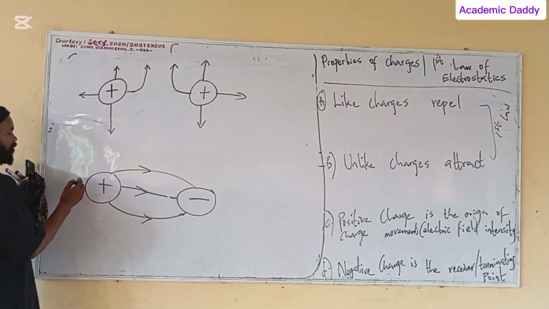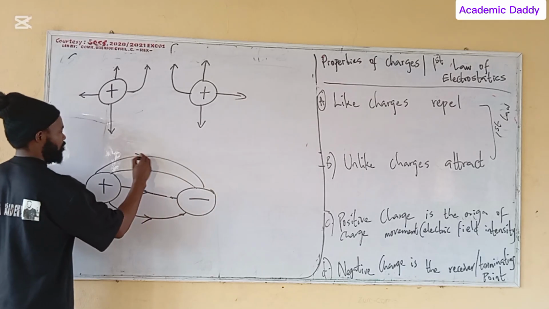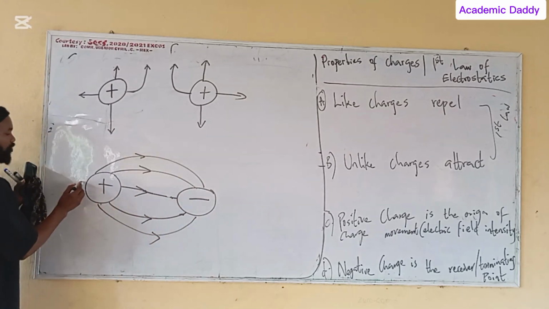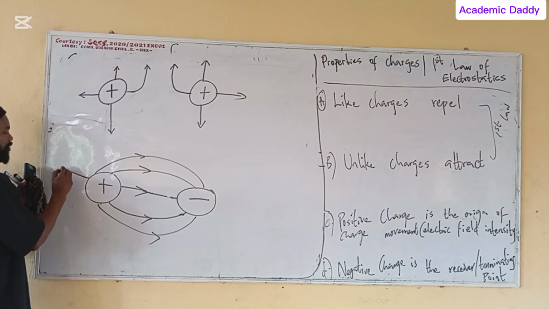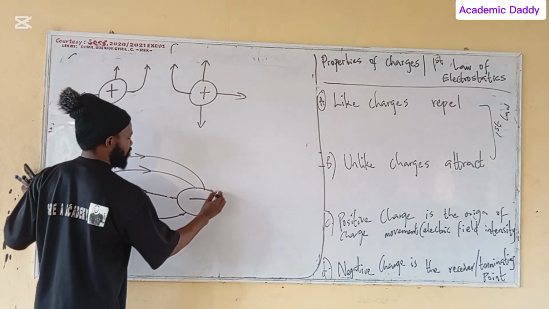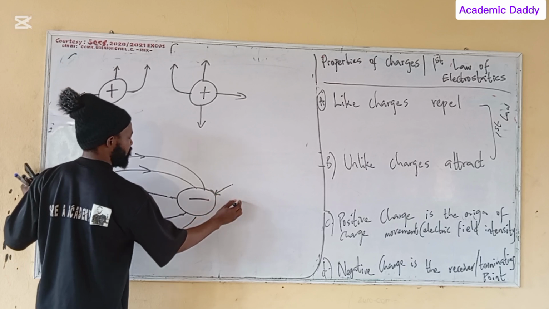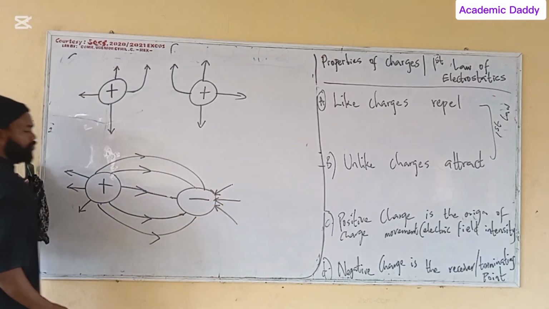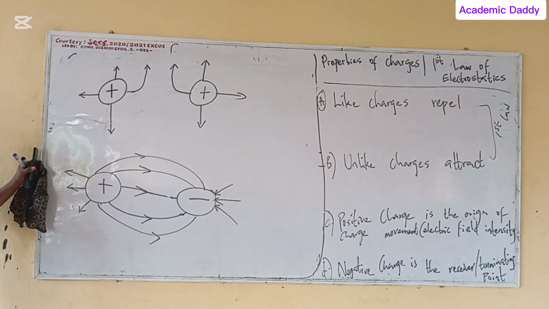So that is why you always see when they draw this thing in some textbooks, after the drawing, you come and see something like this here, then you see on this one something like this. So you need to know this.